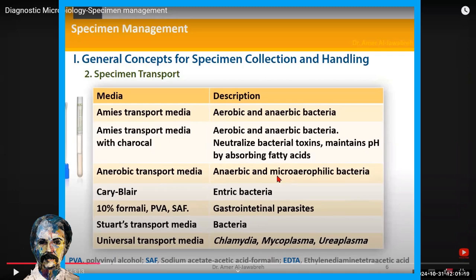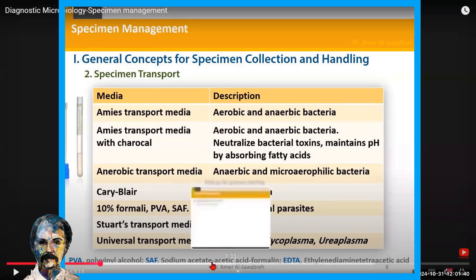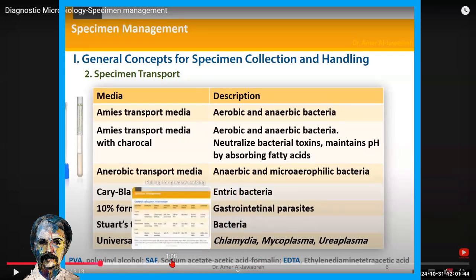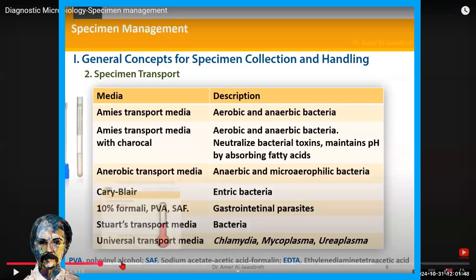10% formalin, which we use as a preservative. PVA, polyvinyl alcohol. This is a preservative for parasites. We will talk about this in parasitology. SAF also, sodium acetate, acetic acid, formalin. Also a preservative for parasites. EDTA, PVA, polyvinyl alcohol.